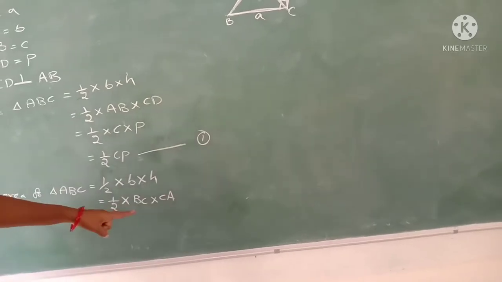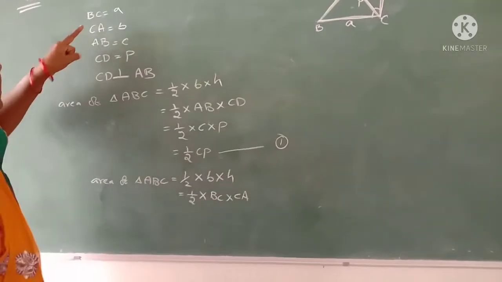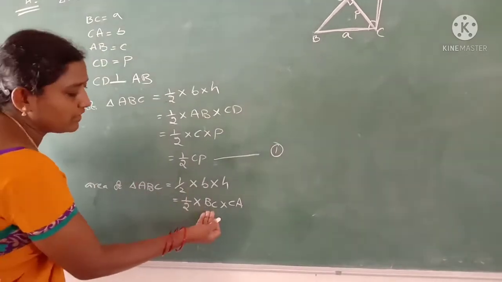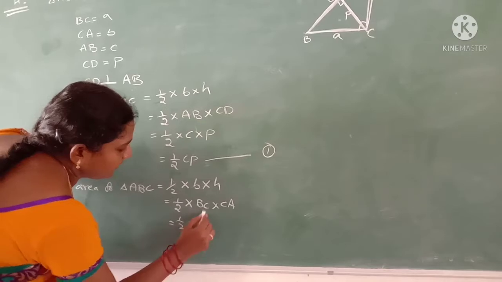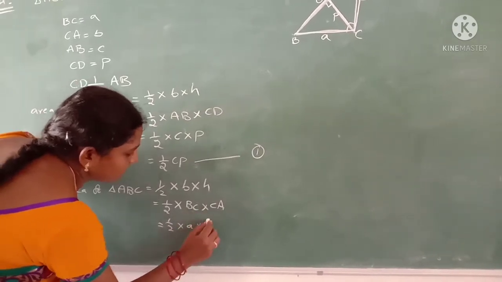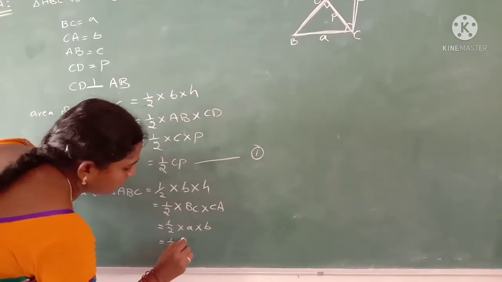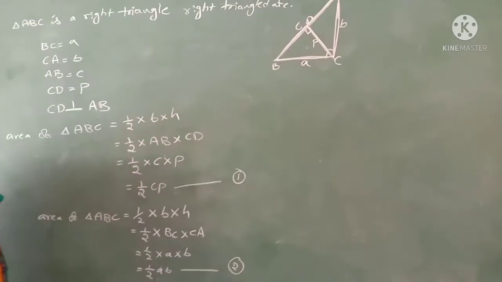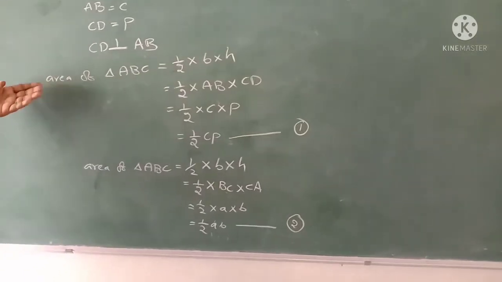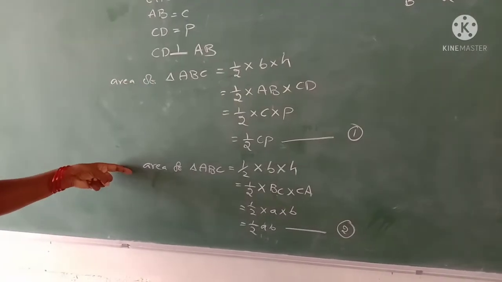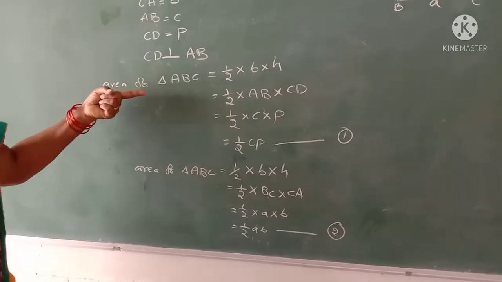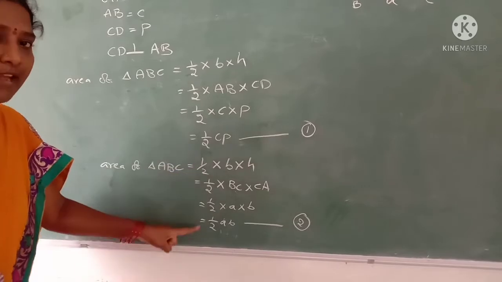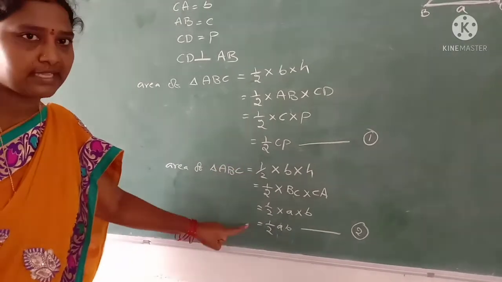What are the BC and CA values? BC value a and CA value b. So we substitute, that equals half ab. This is equation 2. See here, these two areas are equal because both are the area of triangle ABC. So these two values are equal.